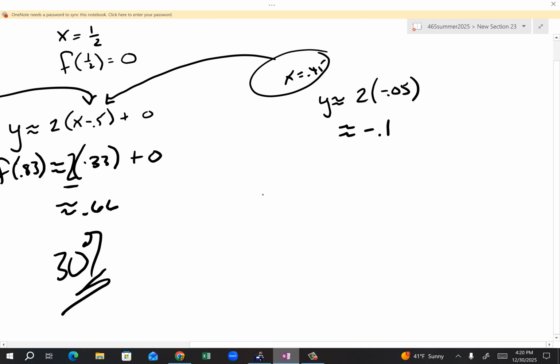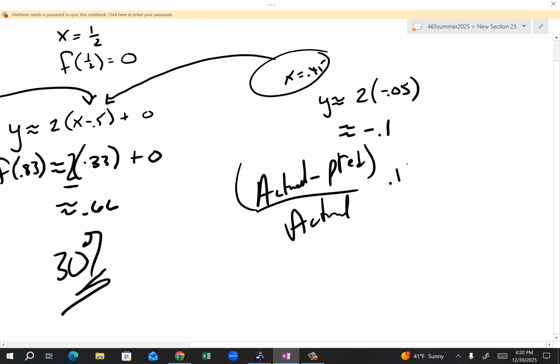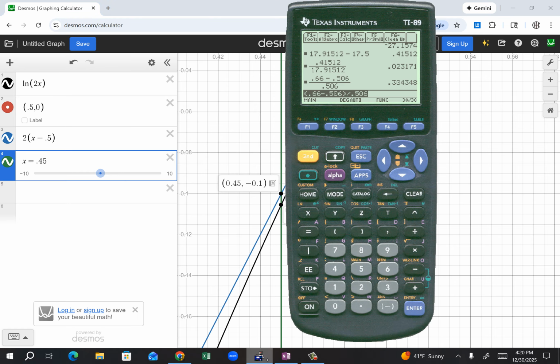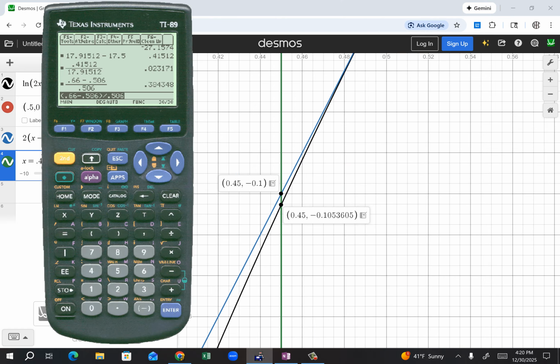And so actual minus predicted, divided by actual, times 100%. Use the calculator, and be careful.